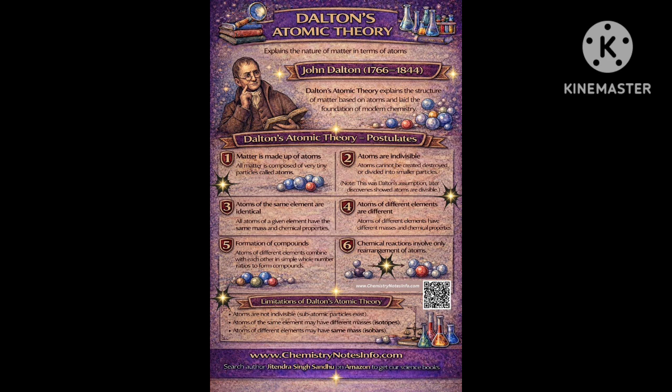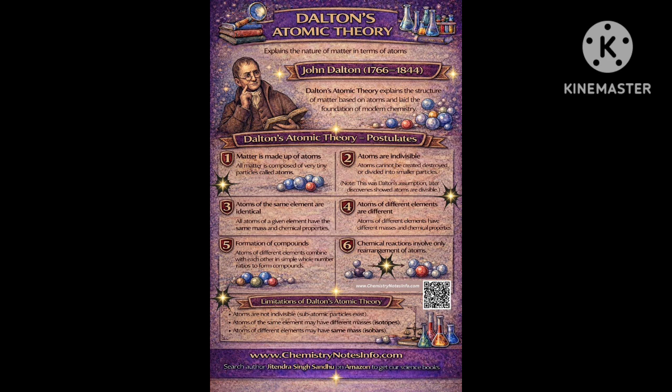Second point: atoms can neither be created nor destroyed. Third point: atoms of the same element are similar in all respects. Conversely, atoms of different elements are different in all respects.